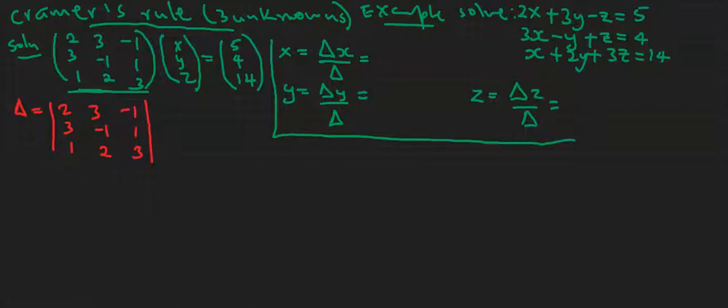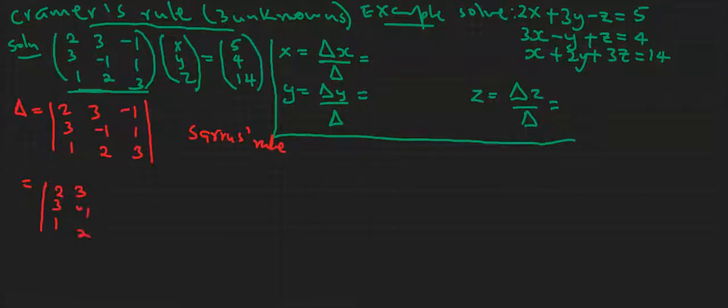Now you can use a scientific calculator or Sarrus' rule, or you use the cofactor expansion. For this particular video, we shall use Sarrus' rule of finding the determinant of a 3 by 3 matrix.